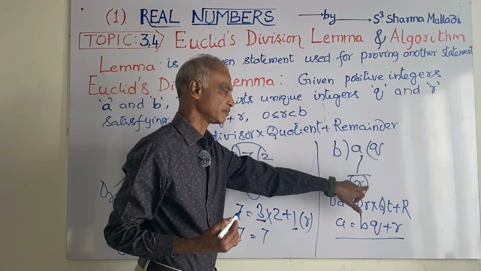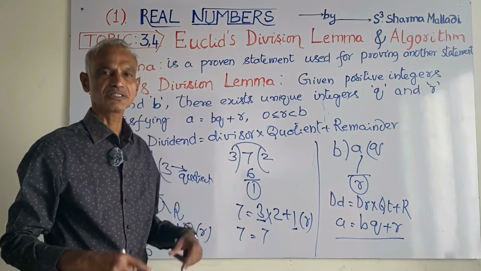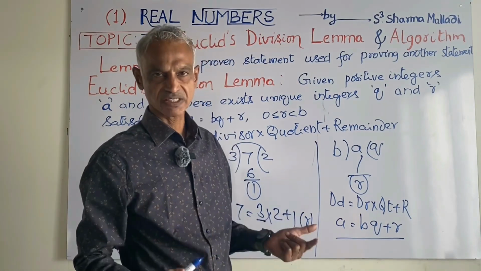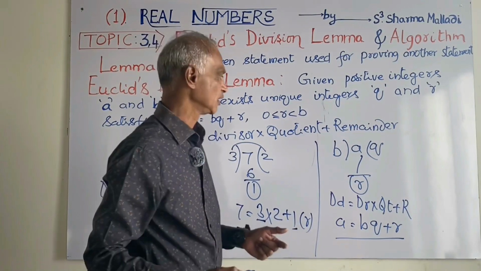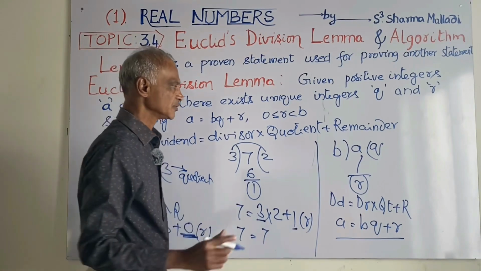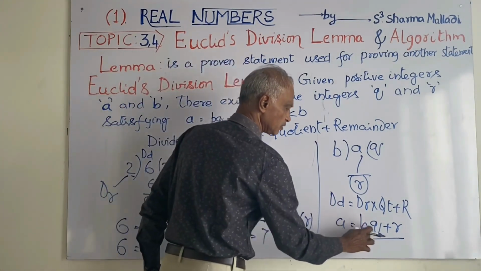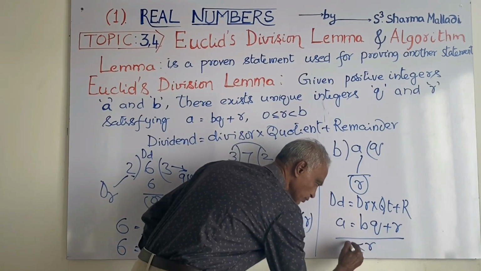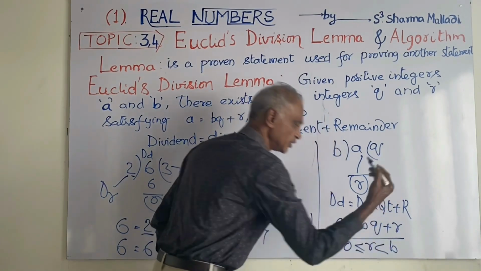This quotient and remainder are unique. Unique means different. Every person in the world is unique, means a different face, like that. Unique means different or distinct. You see, a is equal to bq plus r. This r is greater than or equal to 0 but less than the divisor.